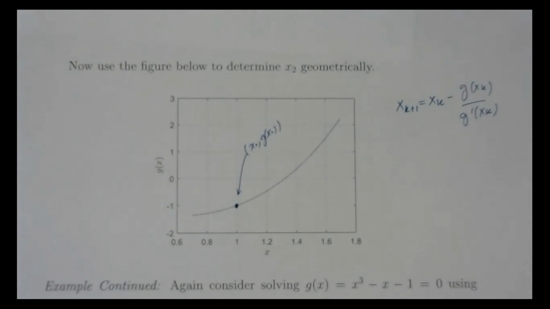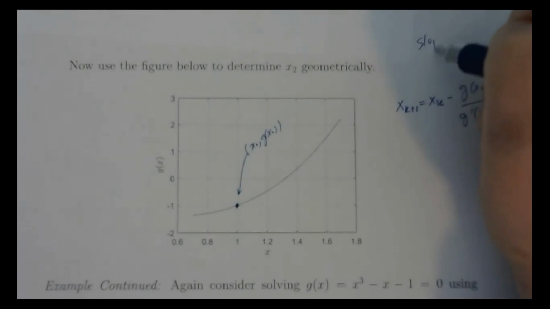Okay, so g of x_k over g prime at x_k. So if I think of the slope of a line, which is the derivative of a function at a point, right? The slope of the tangent. So slope is like rise over run. What I'm looking at over here, this is rise, right? This is the change in the y values, say, the functional values.